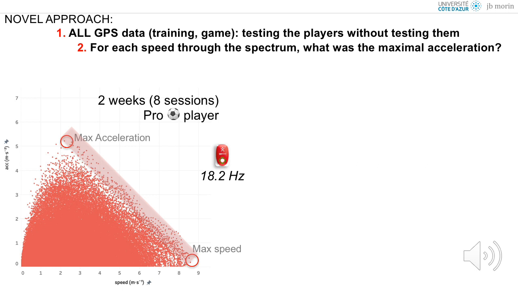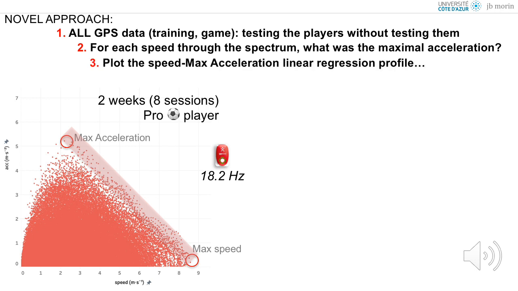So you have a spectrum that goes from about the max acceleration to the max speed, and you extrapolate that spectrum to plot a linear regression on the points I just described. So it's about 40 to 60 points on average. And this is the extrapolation line that you get, and this line is actually the acceleration speed profile in football, and this describes the limits of the physical capabilities of that individual player in the very specific situation of football.